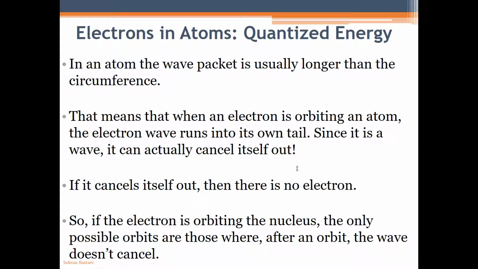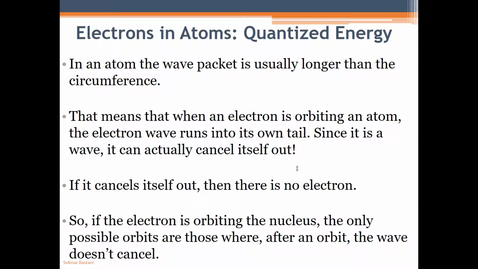Now, because it is a wave, these two can cancel each other out. If they cancel each other out, it means that there is no wave there, so there is no electron there. So if the electron is orbiting the nucleus, the only possible orbits for that electron are those where after an orbit the wave does not cancel.